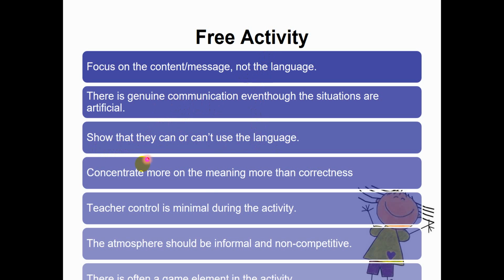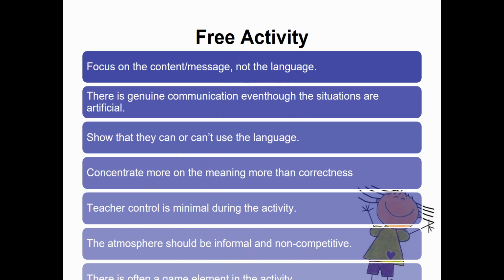In the free activity, concentrate on the meaning rather than correctness. Remember, because this is free activity, the teacher's control is minimal. We make the atmosphere informal and non-competitive. Why? Because we want the students to be encouraged to speak.